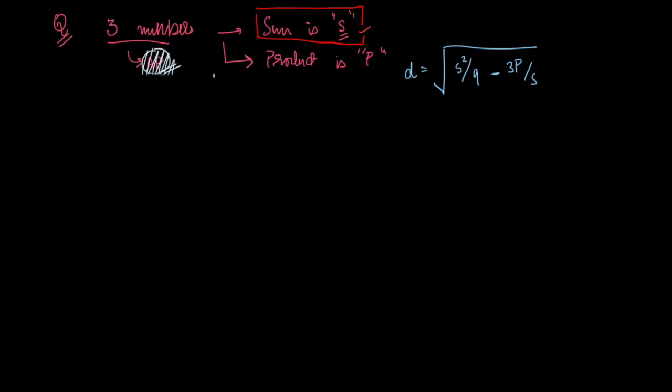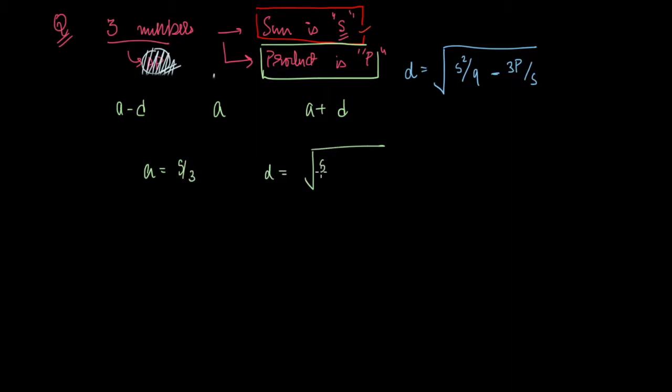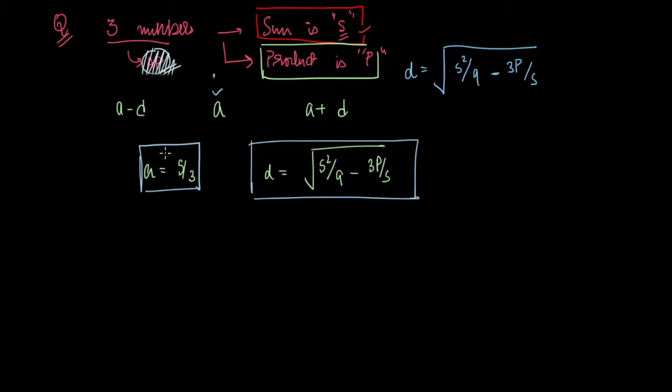So what we have figured out effectively is the fact that if the three numbers are of the form A minus D, A, and A plus D, then if the sum is S and the product is P, then A happens to be S by 3, and D happens to be root S squared by 9 minus 3P by S. Okay, so that gives us A and D. And once we have A and D, these two values, then we can figure out the middle term. Well, the middle term is just known by this expression. And A plus D and A minus D can be figured out by knowing A and D. So we would also know these two quite easily.